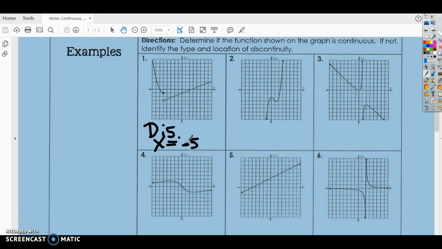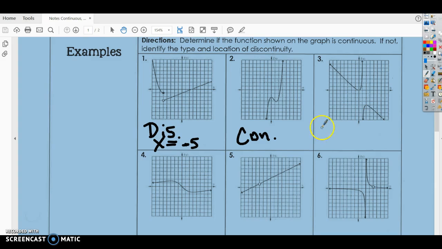Okay, again, I just want you guys to be aware if it's continuous or discontinuous. The next one, if you trace the graph, you do not have to pick up your pencil. This one is going to be continuous. The next one, it has two pieces. Your f of x goes to infinity here and here.